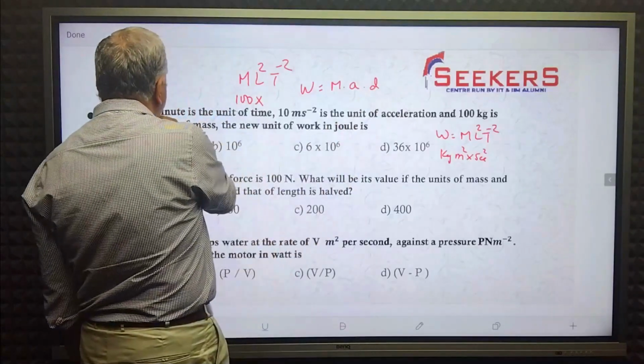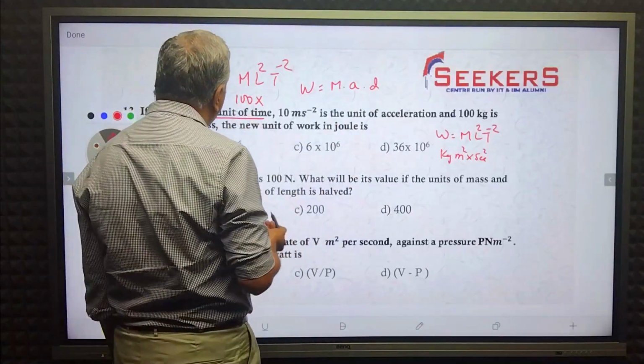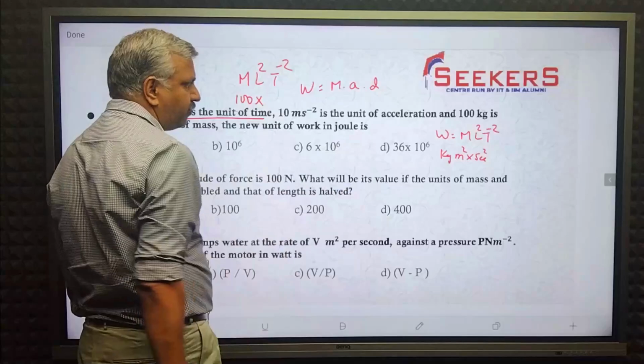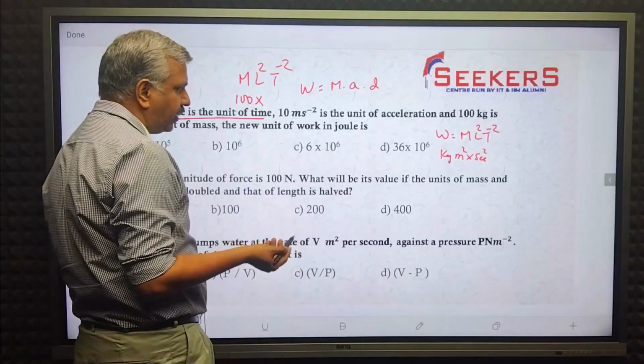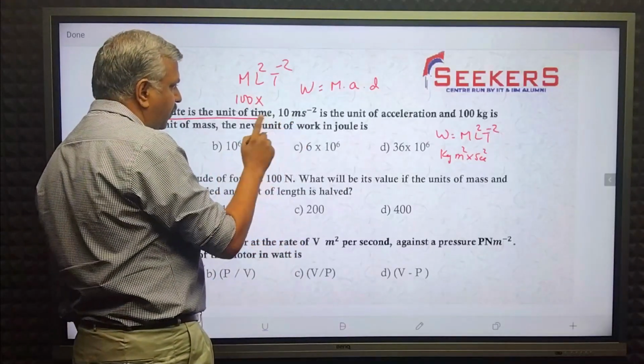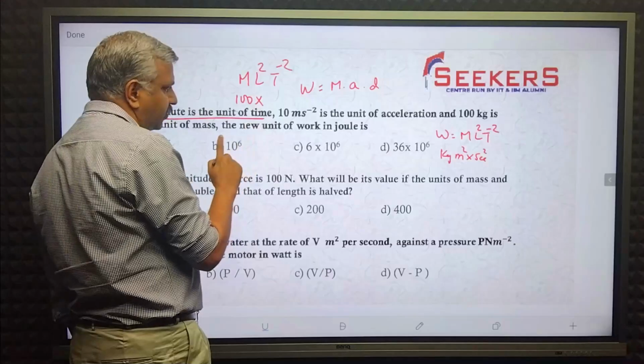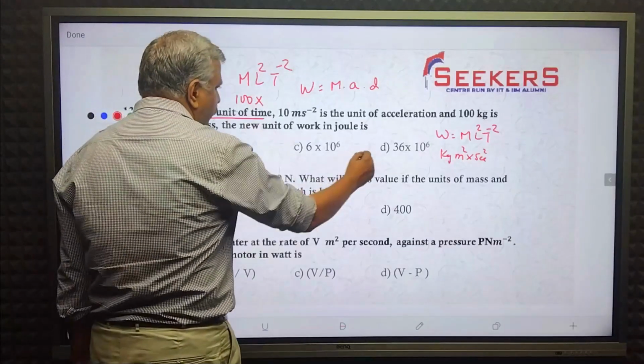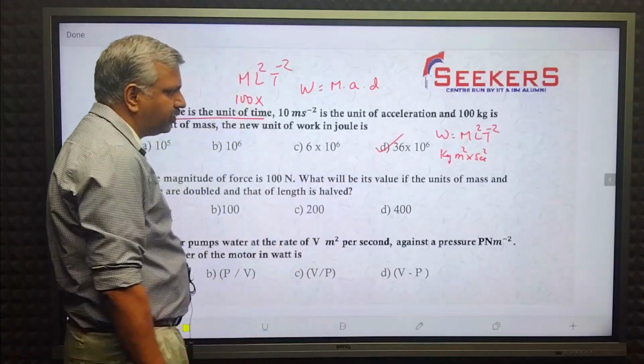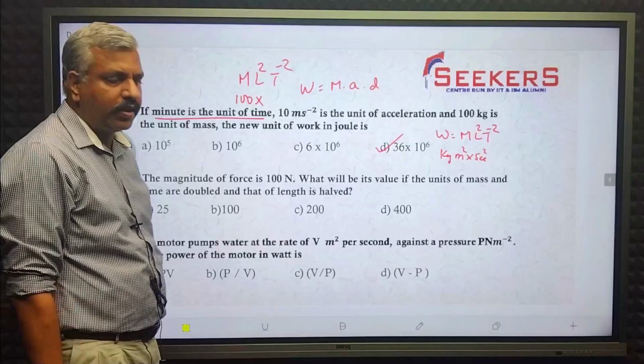But they are changing the unit of time itself. But understand that the dimensions of acceleration are L T power minus 2. So when it is T power minus 2, 60 into 60 will come. 60 into 60 is 3600. So without much thinking, I'll just go for this. So the answer has to be 36 into 10 power 6.